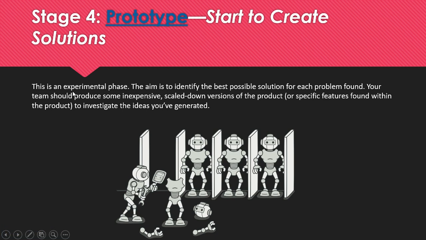Now, a prototype, according to this image here, is like a test of what you're trying to work on. Here in this context, you're working on designs. So the prototype is actually a design that is used to check out all the ideas you've generated to see if they actually satisfy the user. So at this stage, you can modify, you can remove, you can add.